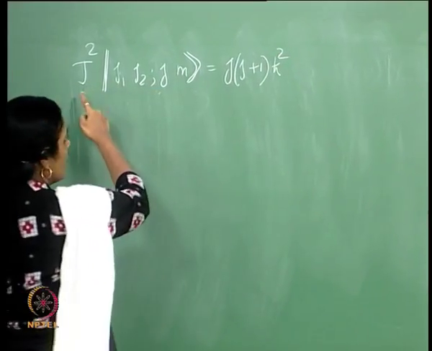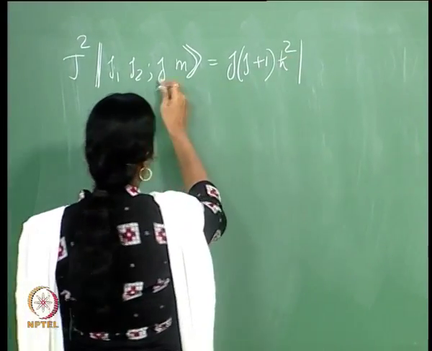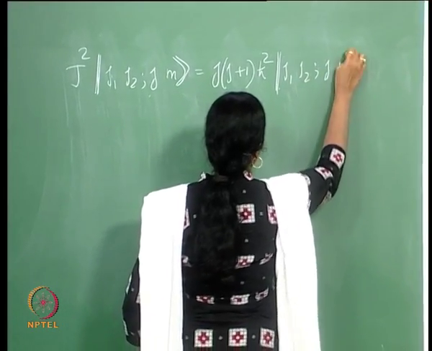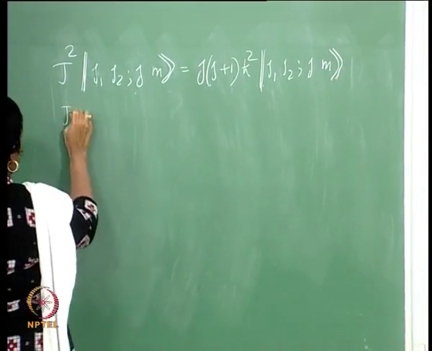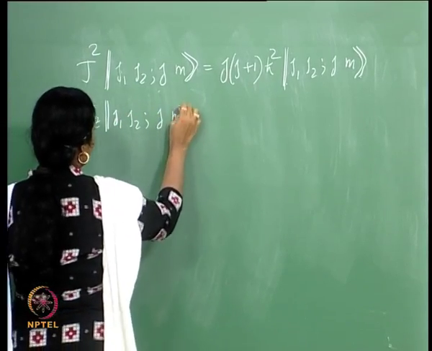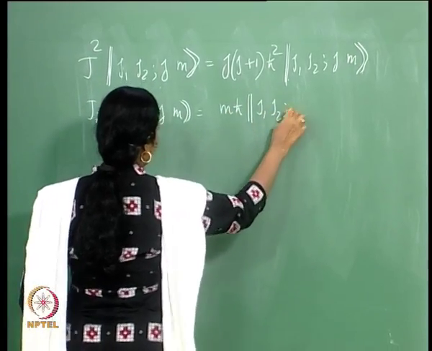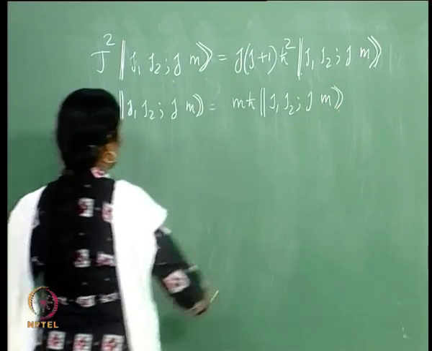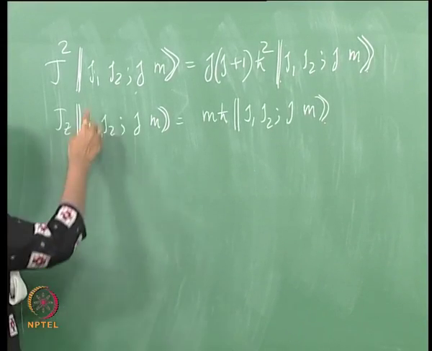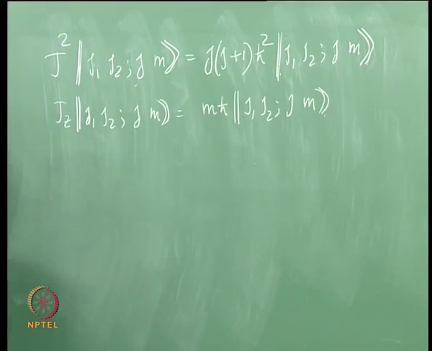Because we are talking about the coupled state's angular momentum, I pull out j times j plus 1 h cross squared, j1, j2, jm, and jz acting on this state gives me m h cross. So this is what I have, except that because these are angular momentum operators, m takes values minus j to plus j in steps of 1.